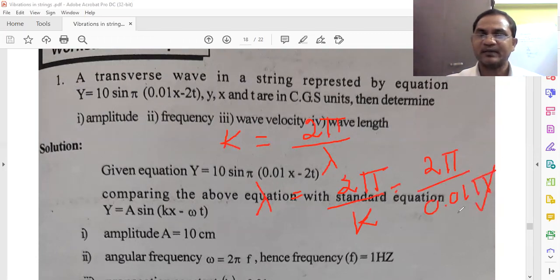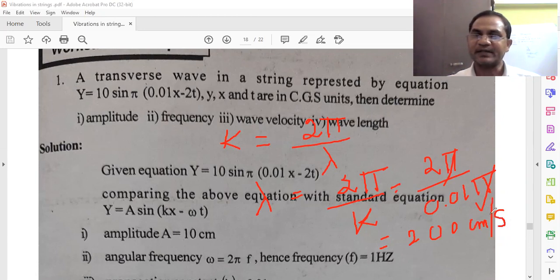Pi cancels. By removing the point, you get 200, because the given equation is in CGS units, centimeters. So wavelength is 200 centimeter or 2 meters.